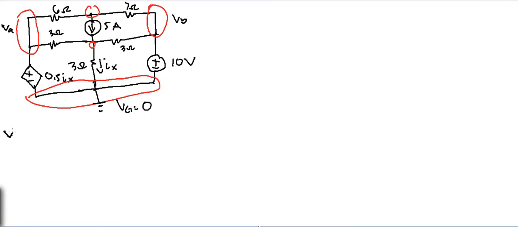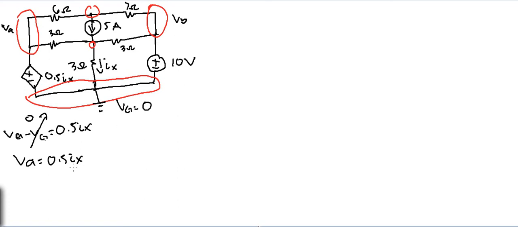We have VA minus VG is equal to 0.5 Ix. Since ang VG natin or ang ground natin is 0, if this is 0, ang VA natin is simply 0.5 Ix.